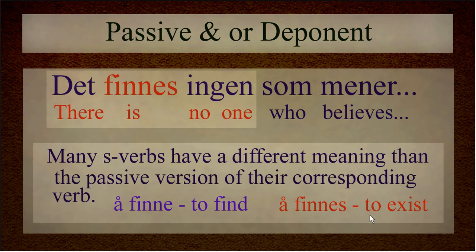Å finnes means to exist, and you can see it's used here: det finnes ingen som mener. Okay, there exists no one who believes. And just watch how these words are used. Now that you've seen this, you'll be aware of it, and they do. Sometimes they're the same.